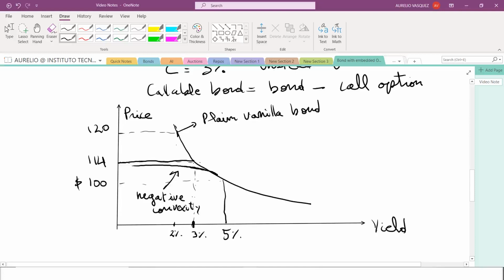And why can't it go above 114? Because everybody knows that the bond is going to be called if it goes above 114. So the callable bond is not going to go above the price at which it's going to be called. Hence, there is this negative convexity. So basically, you have that one looks like this, and then the other one would look like this. So this is the price of your callable bond.